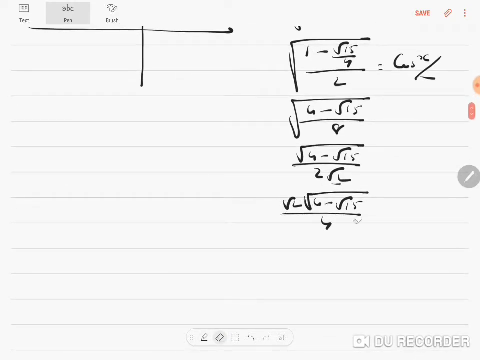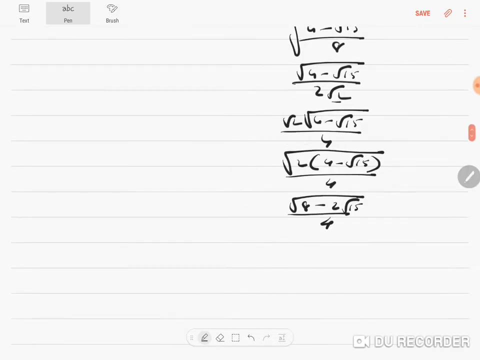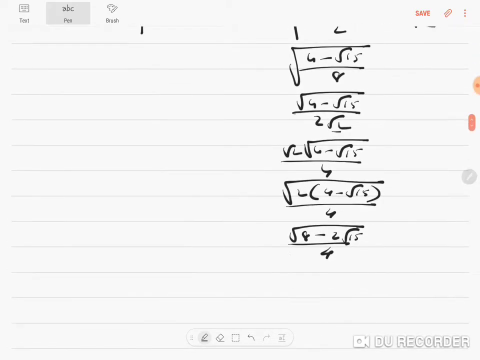You can take this numerator into the whole root, so it's root of 2 into 4 minus root 15, by 4. In that case it will be root of 8 minus 2 root 15 by 4. So these are all the possible ways of answering cos x by 2, which is positive because it lies in the first quadrant. So that completes the first part.